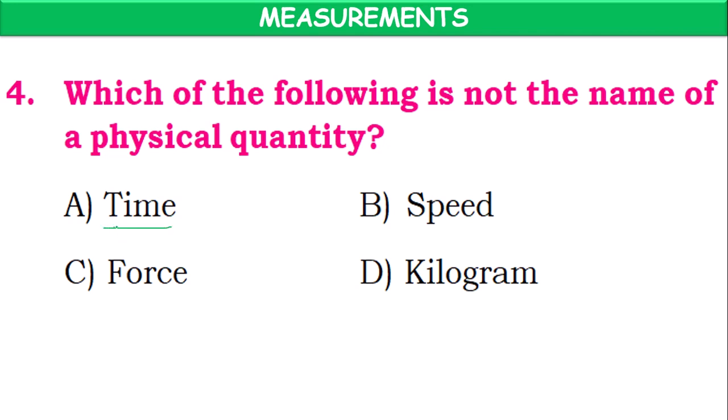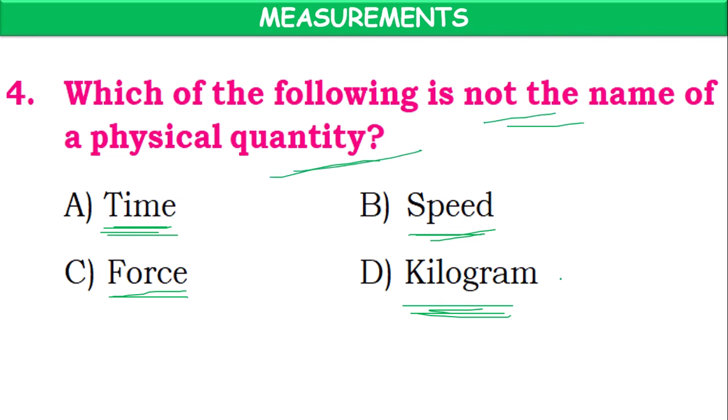Time is a physical quantity whose unit is second, speed is a physical quantity whose unit is meter per second, force is a physical quantity whose unit is Newton. Whereas kilogram is a unit, not a physical quantity. So kilogram is the answer. Option D is correct.